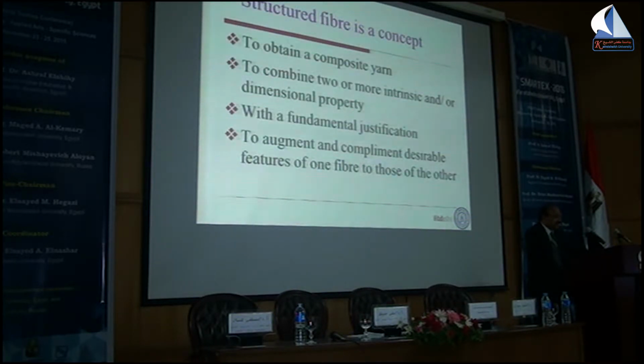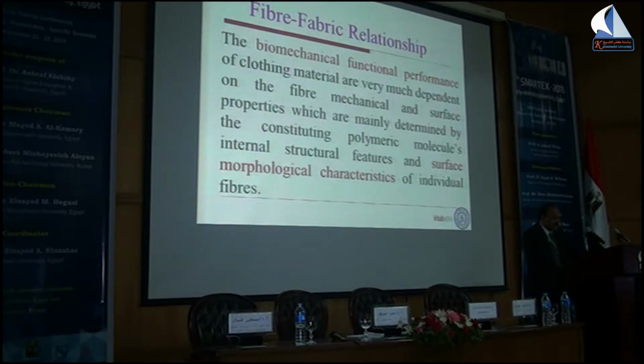Structured fiber is just a concept. We try to obtain a composite yarn, or we try to combine two or more fibers of different intrinsic characteristics. So basically, the problem is to understand the biomechanical functional performance relationship with the surface and morphological characteristics of the fiber.